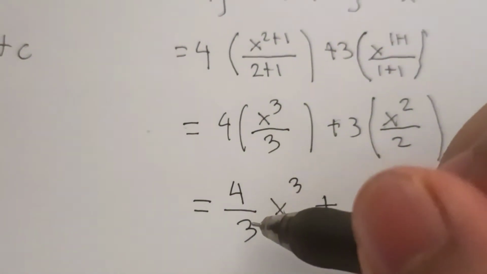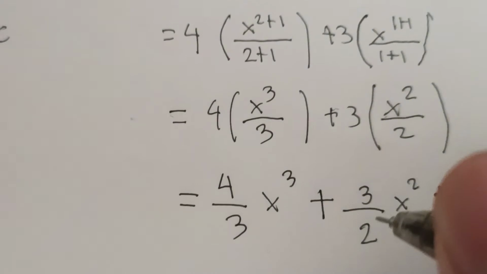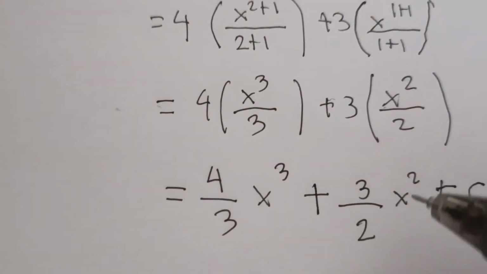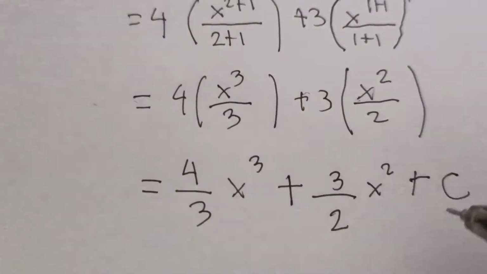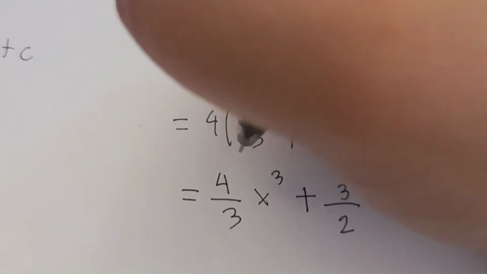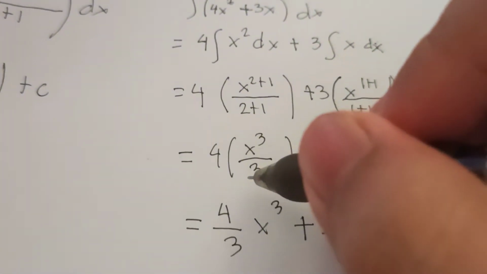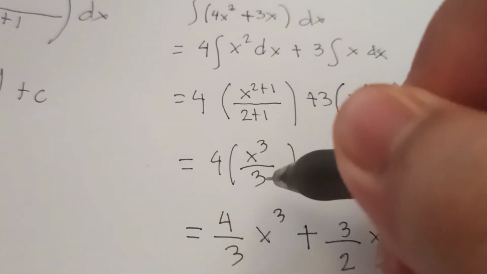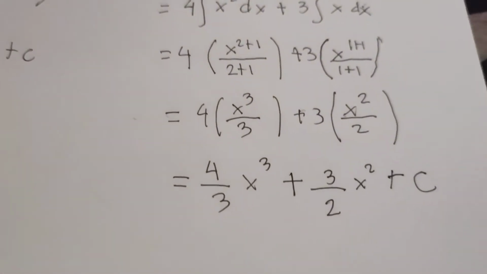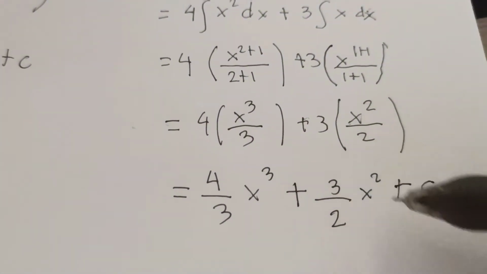It equals 4/3 x cubed plus 3 halves x squared plus c. Don't forget to write plus c. So I take out the constant here, making it 4/3. You have to multiply 4 times x cubed over 3. So this is the answer, same as the second one.